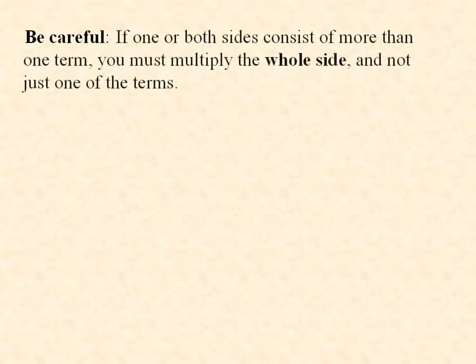Be careful. If one or both sides consist of more than one term, you must multiply the whole side and not just one of the terms. For example, 2 plus 4 is equal to 9 minus 3. They're both 6.